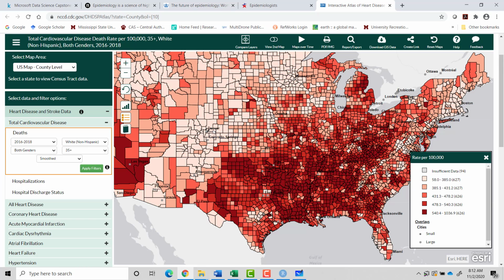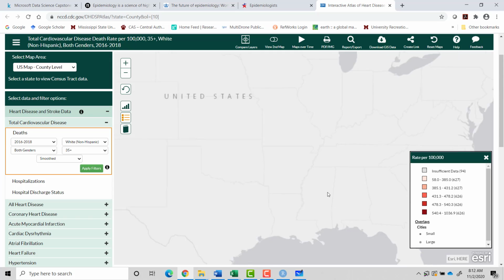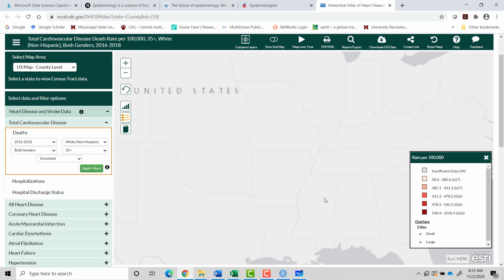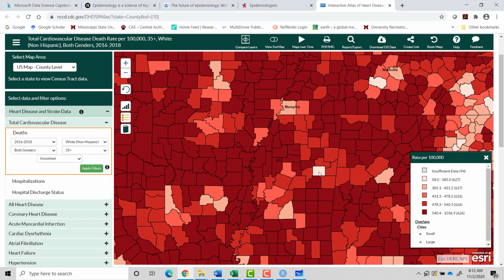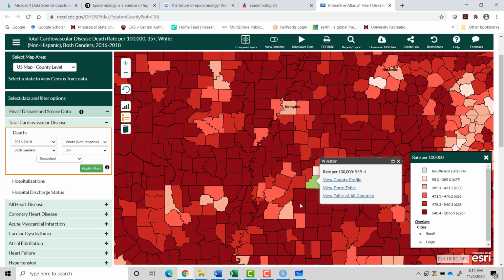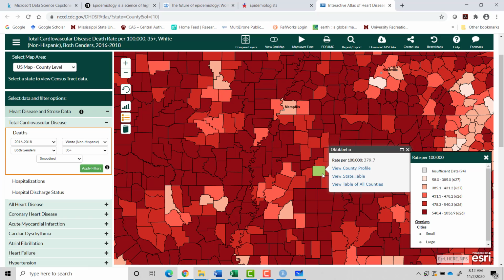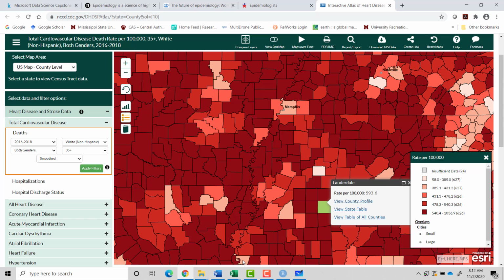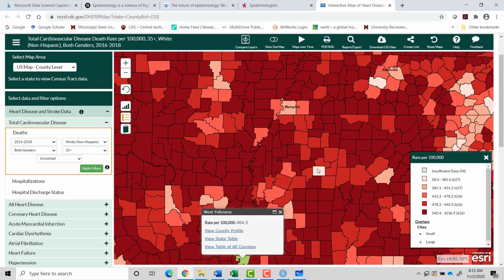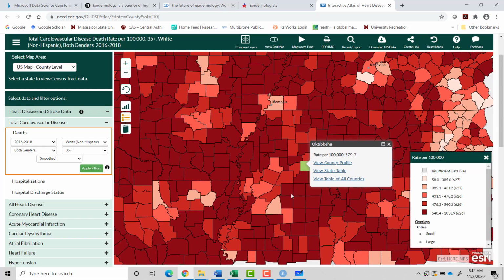You can see relatively high heart disease in some areas, but not in others, and particularly centered in the south. And what's interesting here, if you go down into Oktibbeha County, it's basically lower than anywhere else in Mississippi. So Oktibbeha has the lowest in Mississippi.